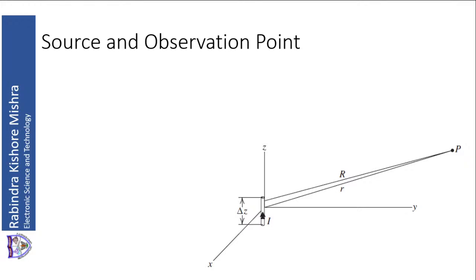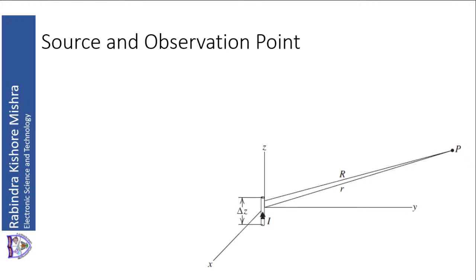We are considering an infinitesimal or elemental length delta z along the current element, and the current through this elemental length is I. The current is along the z direction, so that is what we saw.